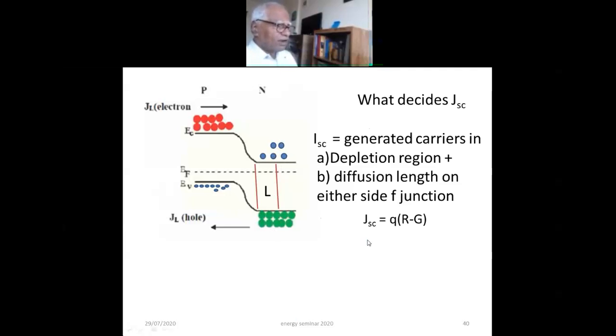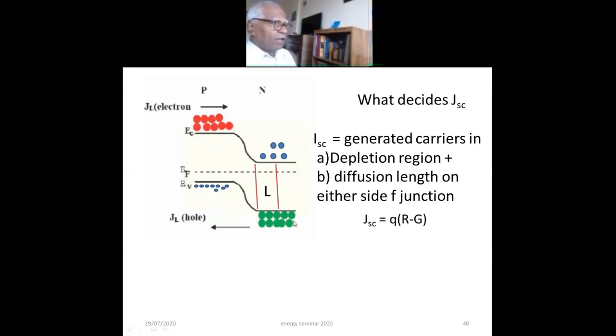So the short circuit current is the generation minus the recombination. Because the current is negative, I have put R minus G. So if R goes to 0, then the current is just minus qG, which is the number of holes that I have generated and the number of electrons that I have generated.